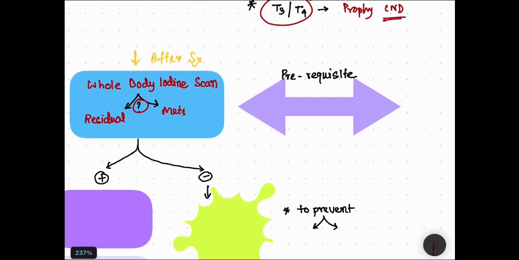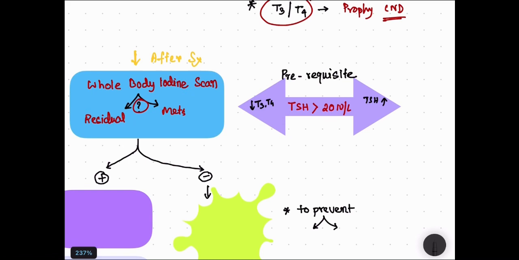The prerequisite for this whole body iodine scan is that the TSH should be more than 20 international unit per liter. And how can we make this? Either I can give TSH, so I can increase the TSH level so that it will shoot up from a normal value to more than 20, or I can decrease the intake of thyroxine.